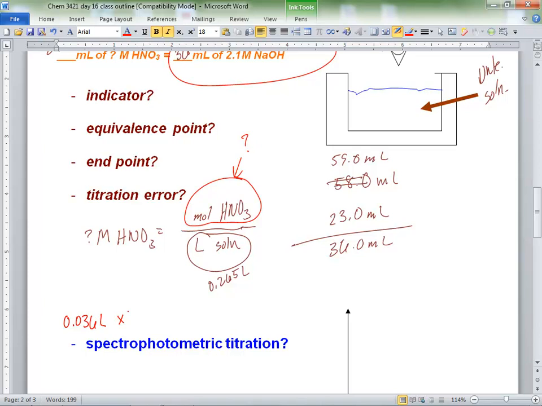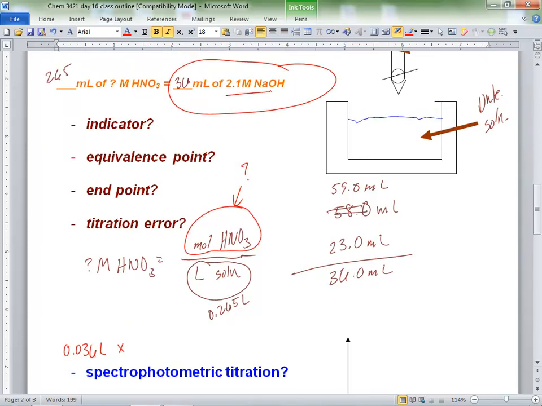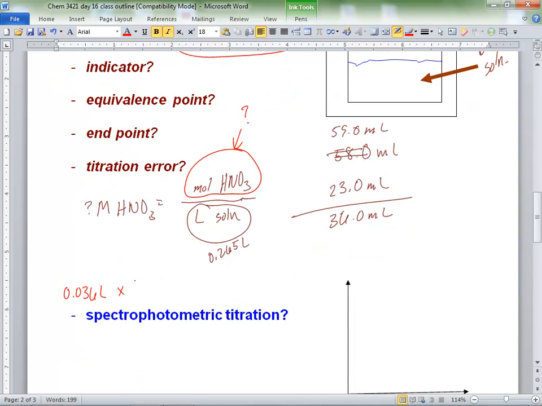So then you said times the concentration of the NaOH, right? Because I used 36 mils of it, 2.1 moles of NaOH in a liter of that NaOH, and the ratio is 1-to-1.